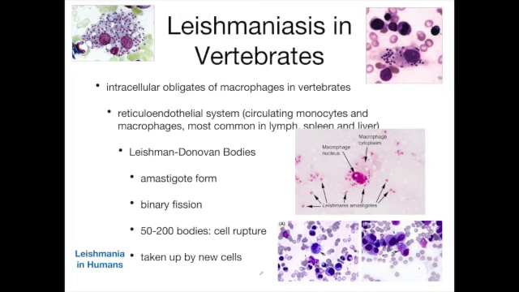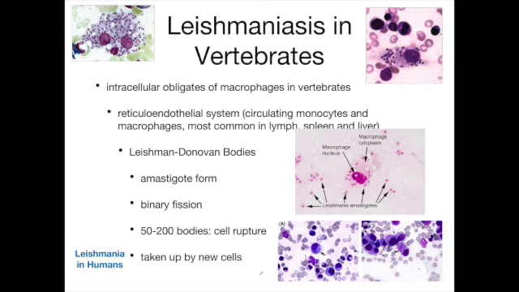But one thing is they are what are known as intracellular obligates, and they are found in the macrophages of vertebrates. So these protists gain entry into the white blood cells, the macrophages in particular, and they enter in there for replication. Now, we have a system called the reticuloendothelial system, and these are monocytes and macrophages that are in tissue.